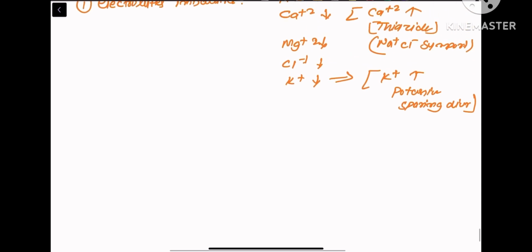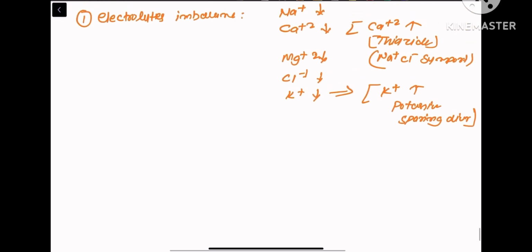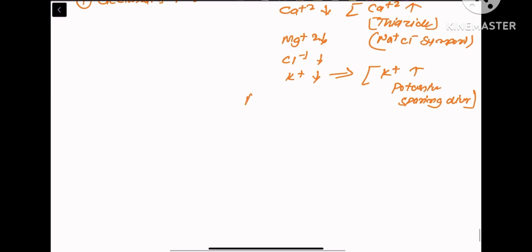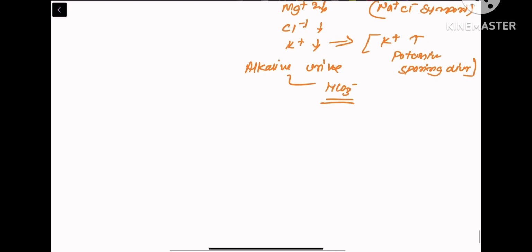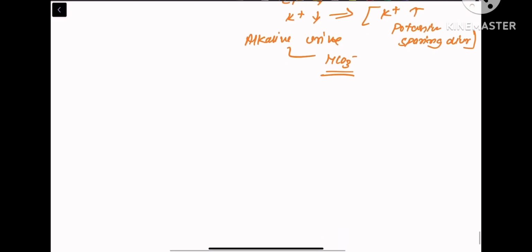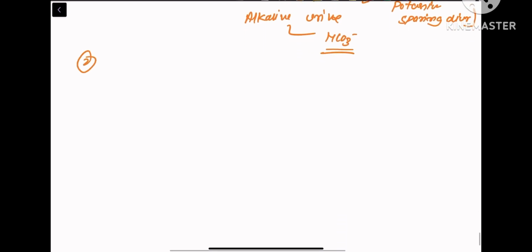The second subclass of the weak diuretics, after that, causes alkaline urine because of excreting bicarbonate. Okay. Second is metabolic disturbance.